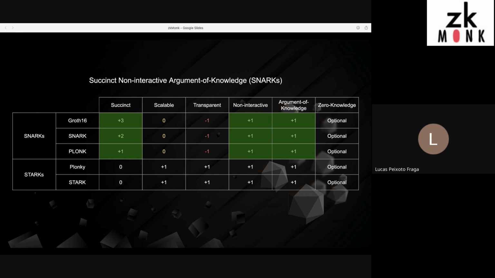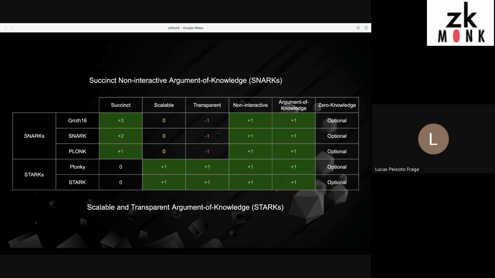And STARKs are also arguments of knowledge. They are also non-interactive, but they're not succinct. Instead, they are scalable and transparent. What does scalability mean? Scalability basically means you can prove problems of any size.